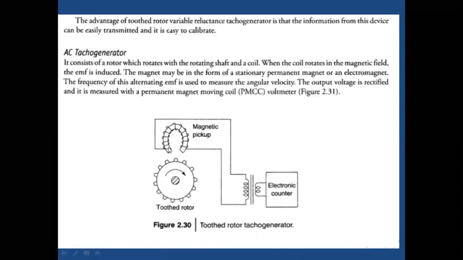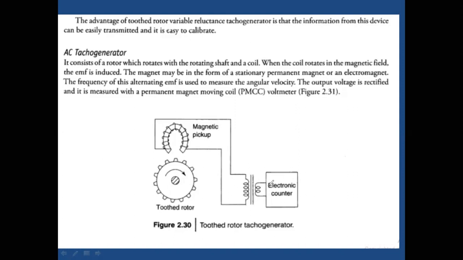In the case of tacho generators, we have a toothed rotor here, which moves with a certain velocity, and over it there is a magnetic pickup coil. This is connected to a step down transformer, followed by an electronic counter.